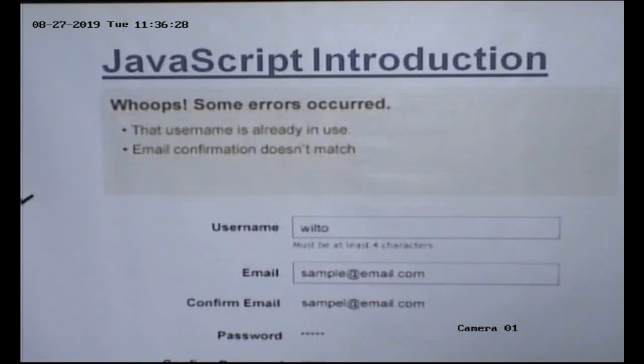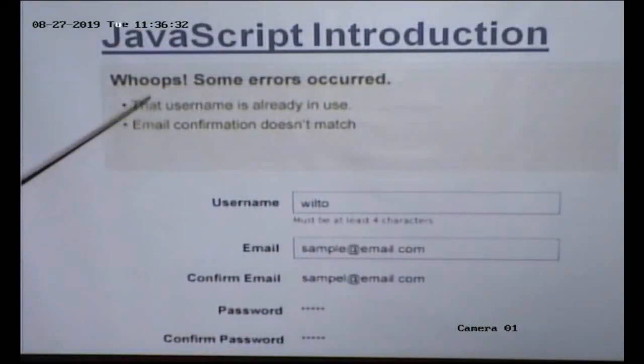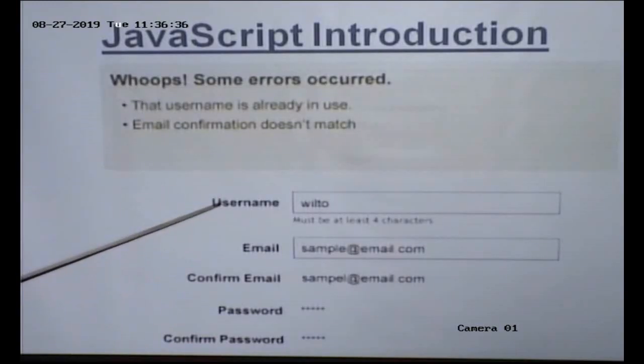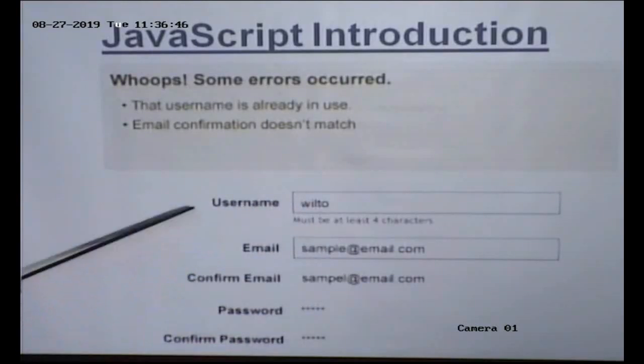So where you can apply validation is generally in this example. See, here inside a form we have username, email, confirm email, password and confirm password. So these are some form validation concepts.